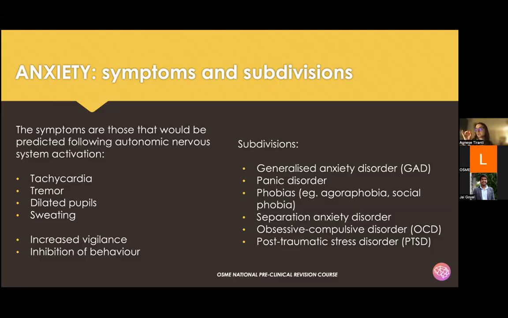Separation anxiety disorder, which, as the word says, is anxiety to separation. Obsessive compulsive disorder, made up of obsessions with something, and compulsions, which are the need to do a certain behavior. And post-traumatic stress disorder, a type of anxiety that follows trauma.